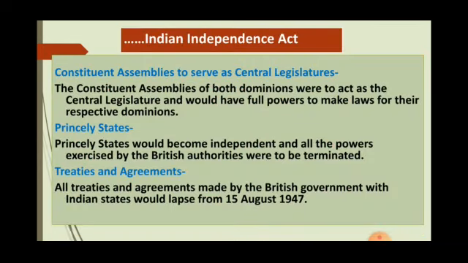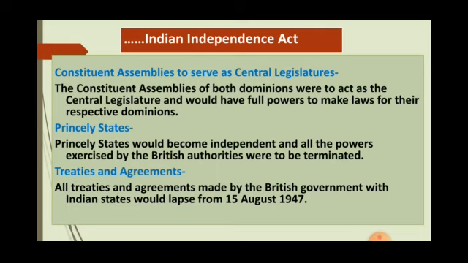The fourth clause, Constituent Assemblies to serve as Central Legislatures. The Constituent Assemblies of both the dominions were to act as Central Legislature and would have full powers to make the laws for their respective dominions.